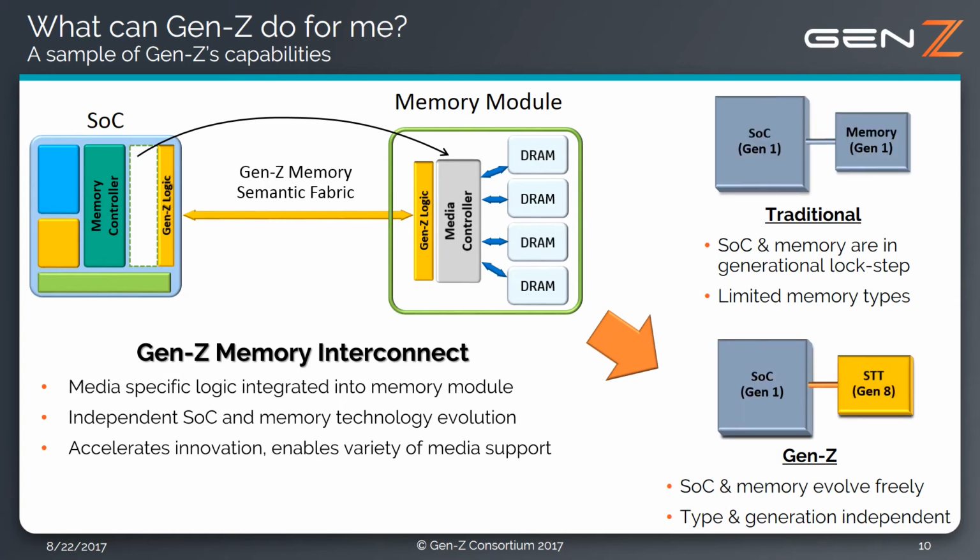Second, we can now support a wide range of memory technologies, which is especially important for storage class memories, where there are many variants with different attributes that may be required for different workloads. Thus, an SoC can support memory generations and types not comprehended in its original design.